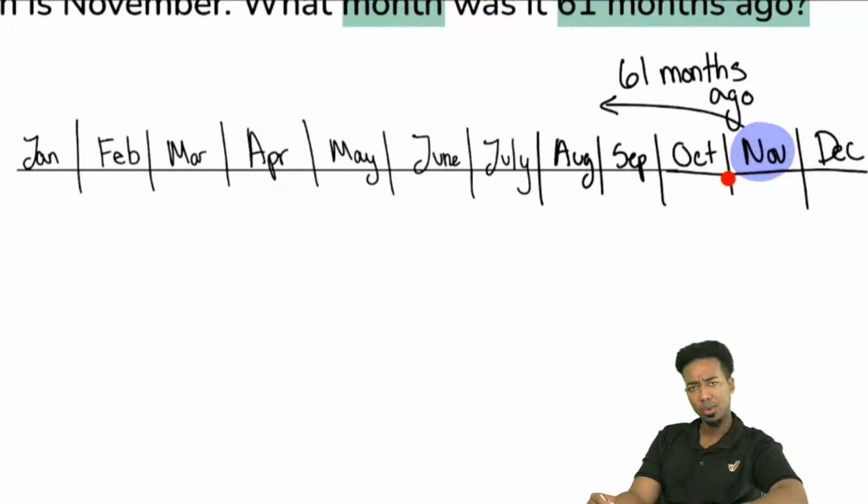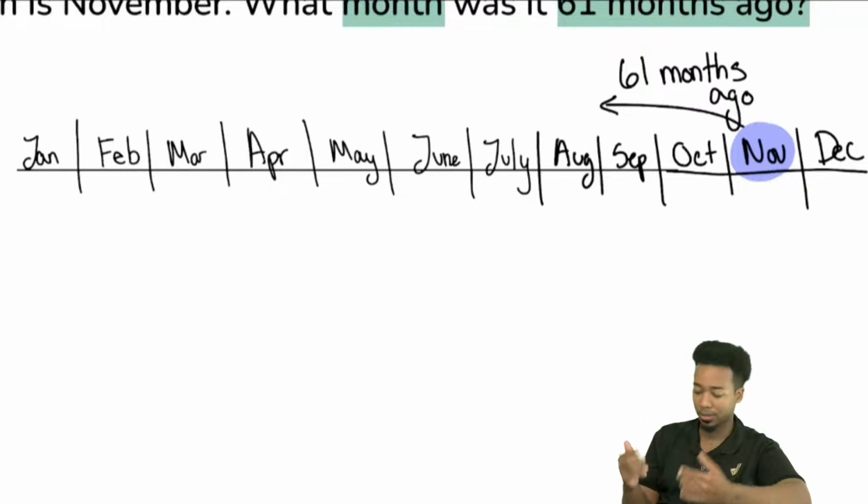Interesting. Everyone, quick question. How many months are in a year? 12. So is it true that every time we go back 12 months, we end up right back on the same month? Yep. So here's how you can make sense of it.